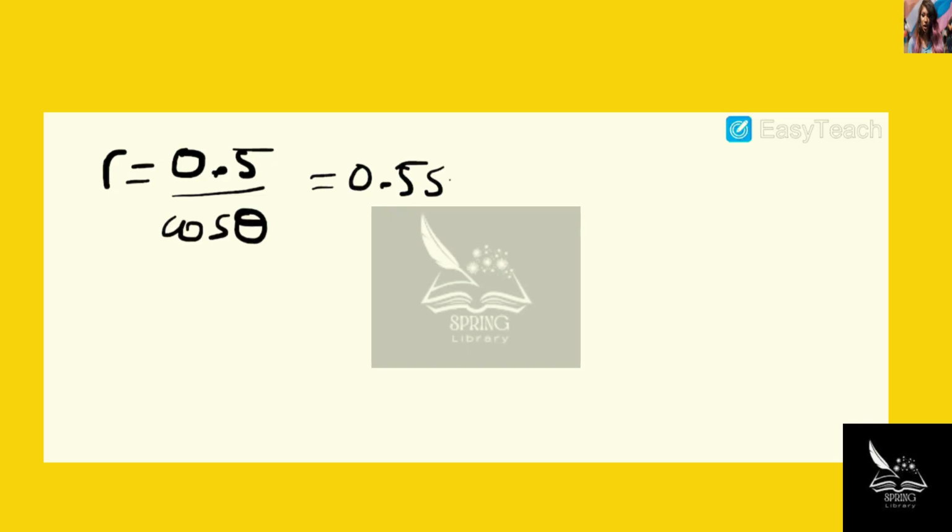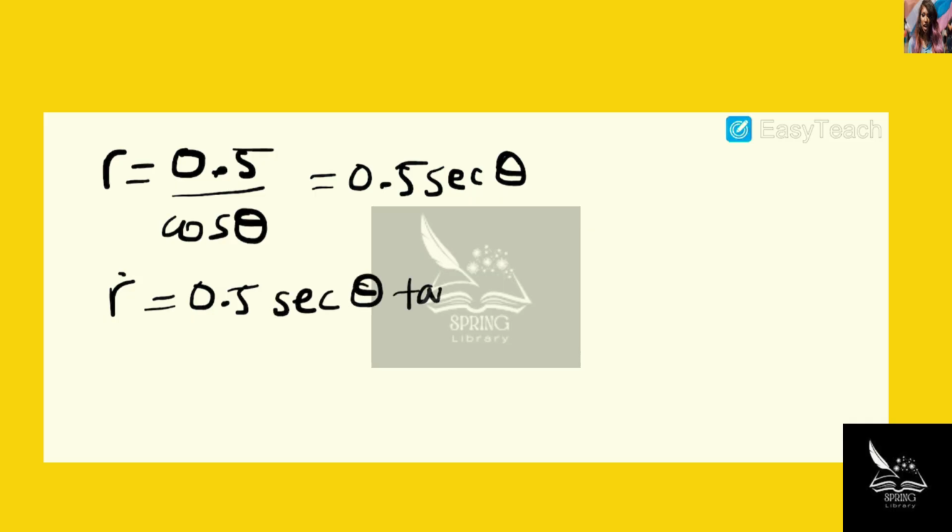So what we can do first is solve for our r dot and r double dot. We know that r is equal to 0.5 divided by cosine theta, which is just equal to 0.5 secant theta. Therefore, we can say that r dot is equal to 0.5 secant theta times tangent theta times theta dot.